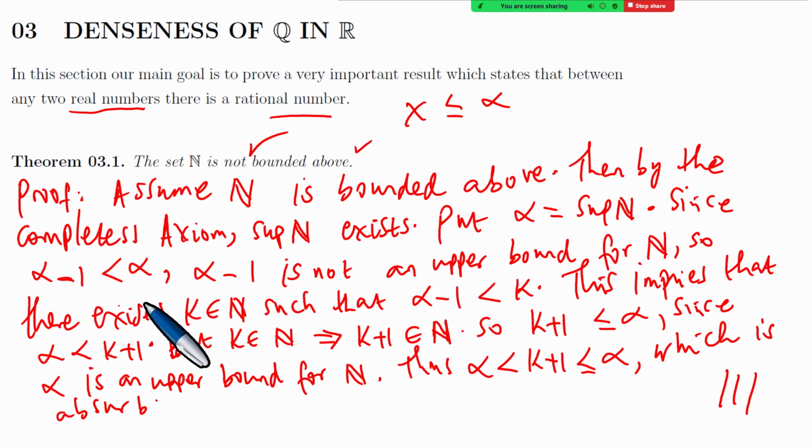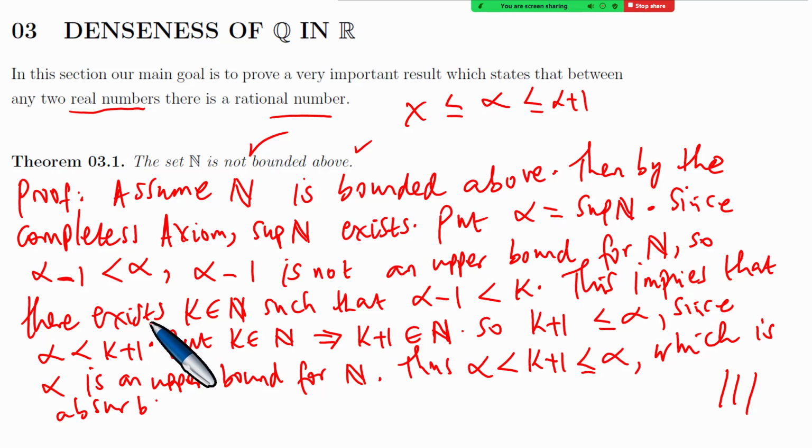Okay, yeah. Alpha minus 1 is smaller than alpha. Alpha minus 1 is not an upper bound for n. Why is alpha minus 1 not an upper bound for n? Because already we are taking something smaller, so an upper bound would have to be bigger.